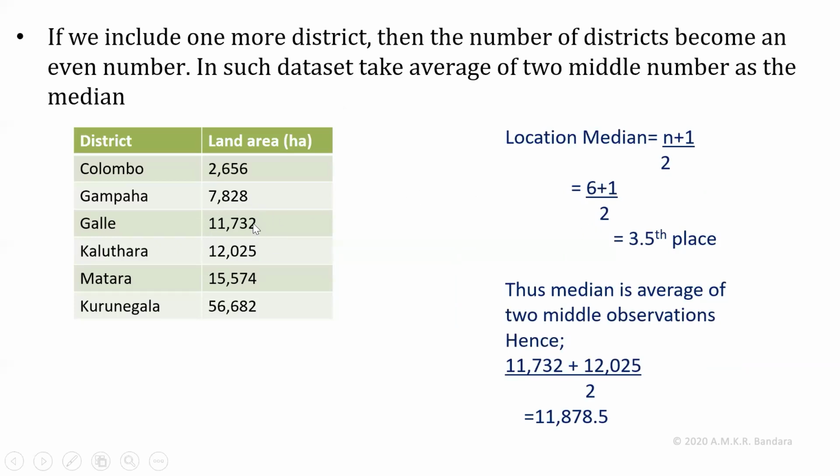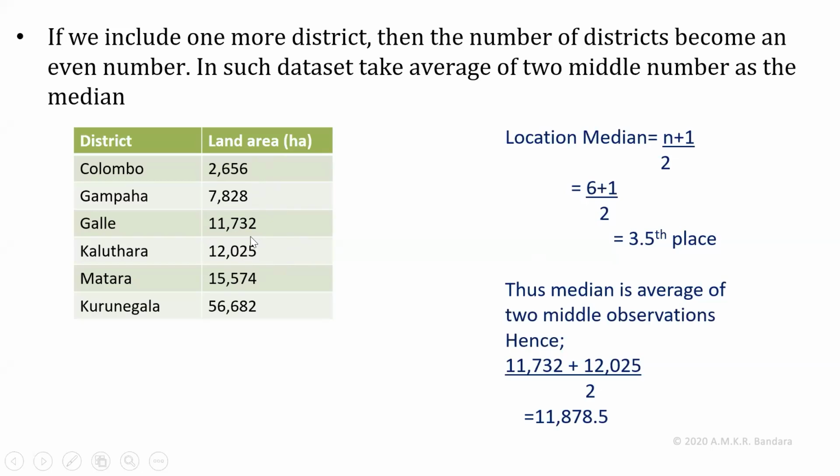Sometimes when we calculate the location of the median, it will not point to an exact value. For example, if we have 6 data points, then 6 plus 1 divided by 2 is 3.5. So our median is in between the third and fourth observations.